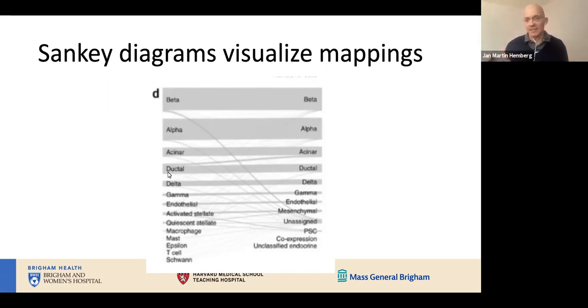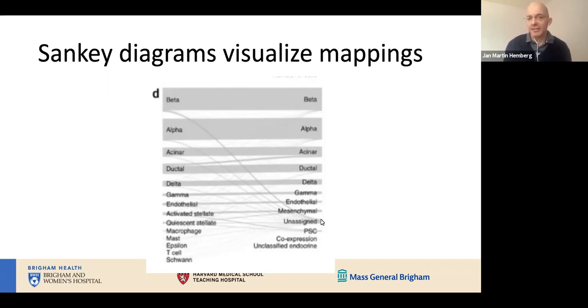In both cases, the data sets had been annotated beforehand, and then we use the method to map them. What you can see here is that most of the cells that were labeled beta cells, from a pancreas data set, map to beta cells in the reference data set as well, and a few of them go other places.